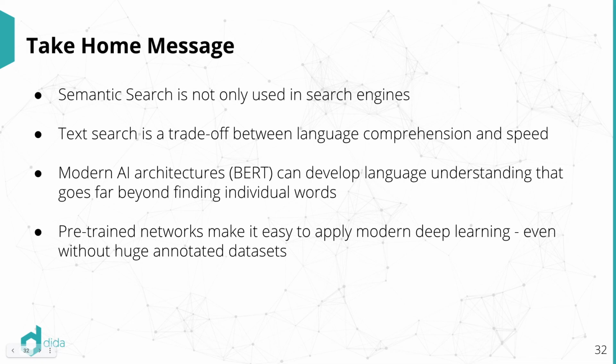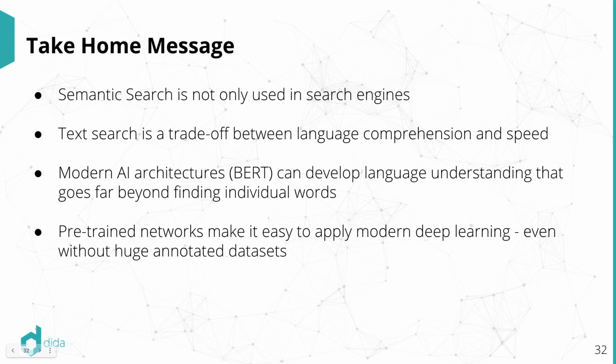We can do very fast text search based on exact word matching, which doesn't understand context, or we can use more advanced methods such as BERT, which understands context very well, but is a bit slower. Connected to that, we've seen that modern AI architectures such as BERT can develop language understanding that goes far beyond finding individual words.